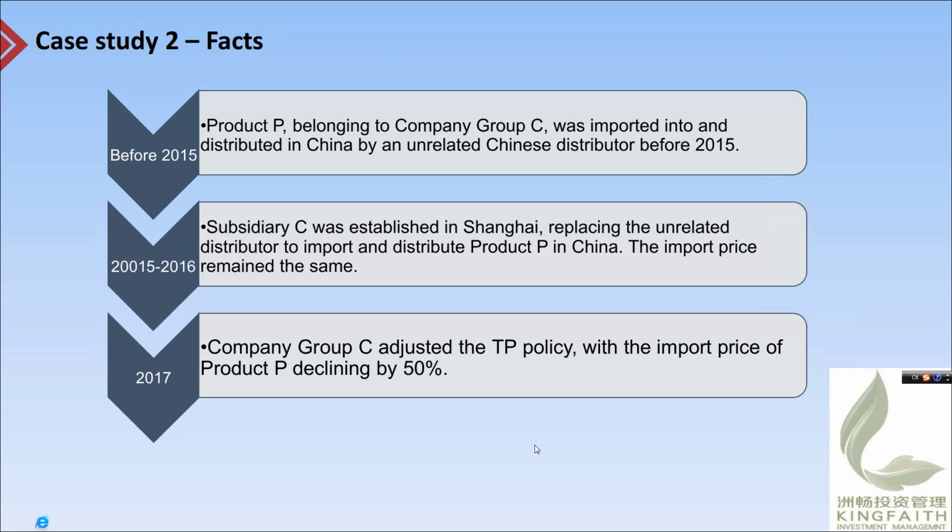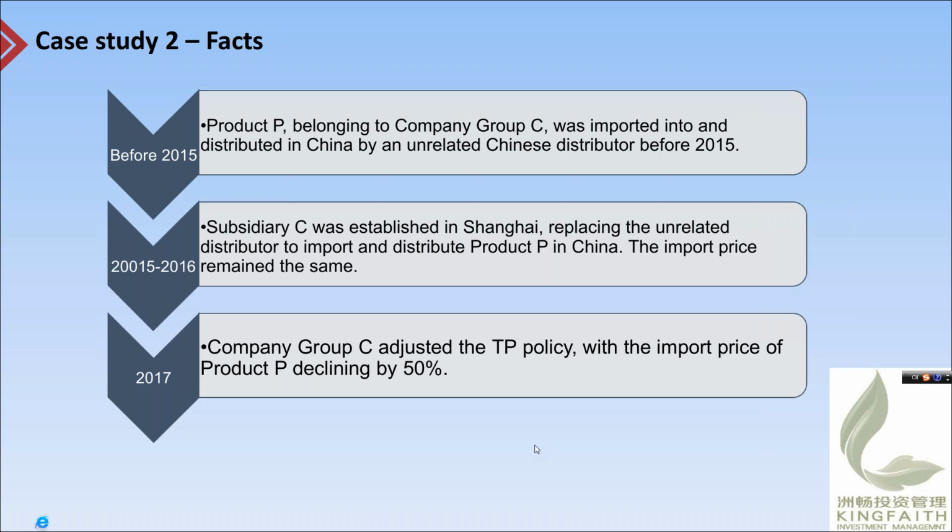So before 2015, it cooperated with an independent, separate Chinese distributor, and between 2015 and 2016, they established a subsidiary C in Shanghai, which replaced the original Chinese distributor and began to import and distribute product P in China.